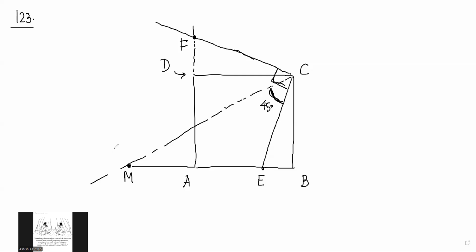You have to prove that MC is angle bisector of BMF. Basically, you have to join this and this. Basically, prove that angle BMC is equal to angle CMF.